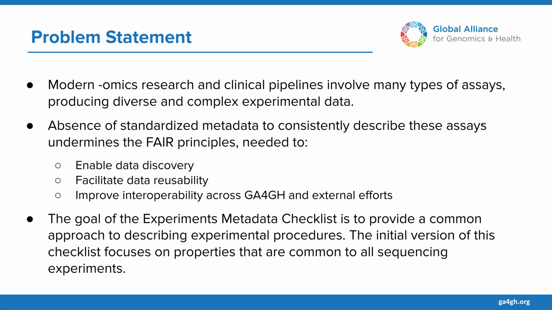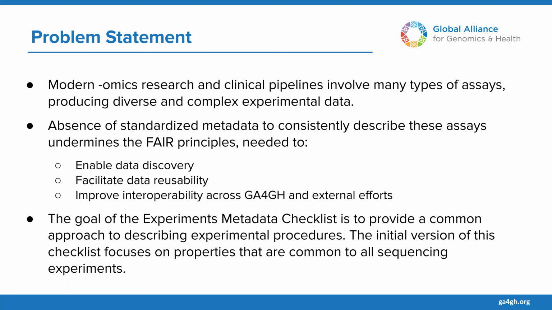So the goal of the experiment metadata checklist is to provide a common approach to describing experimental procedures. The version 1 of this product focuses on properties that are common to all sequencing experiments. So we're not looking here into the properties that are specific to transcriptomic data or to whole exome data or these kind of things.